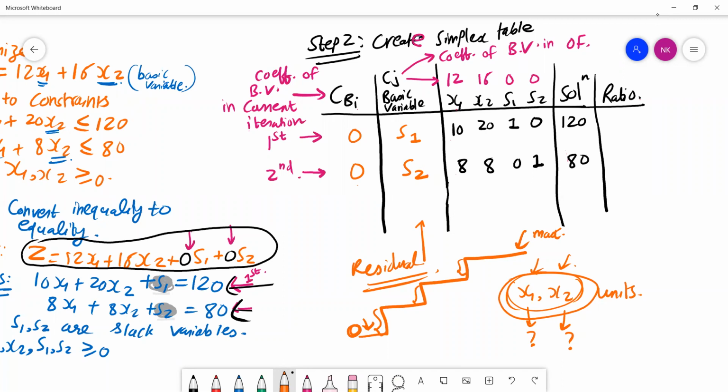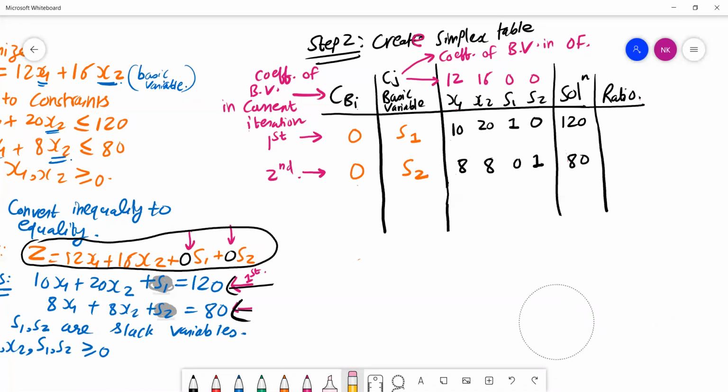We will look into how to introduce the basic variable and remove the slack variable in the next step. This is the reason we have considered the slack variables, because we don't know in how much quantity x1 and x2 will be contributing.